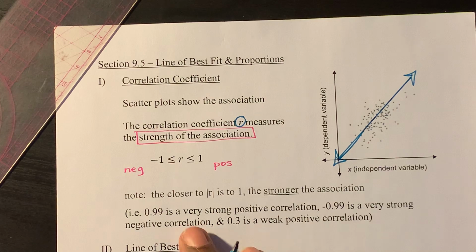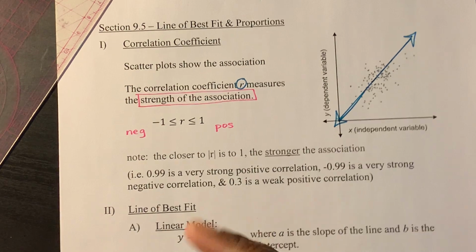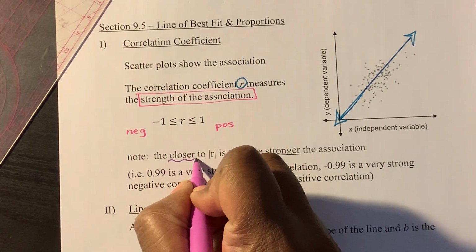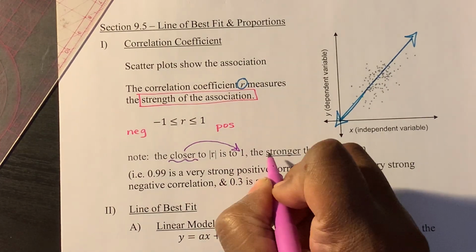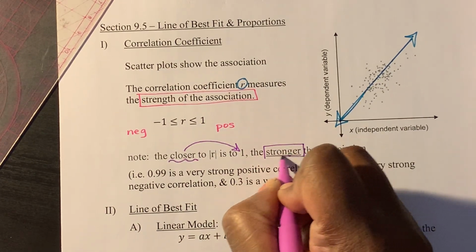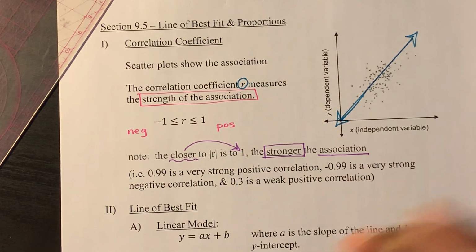So we want to make sure that we know that the closer the absolute value of R is to 1, the stronger the association.